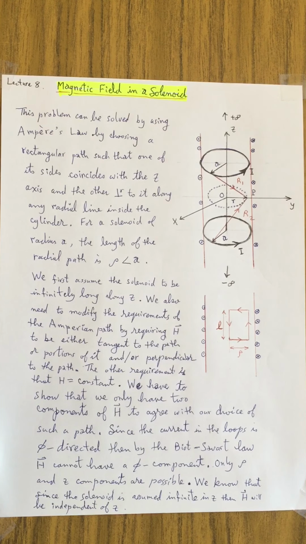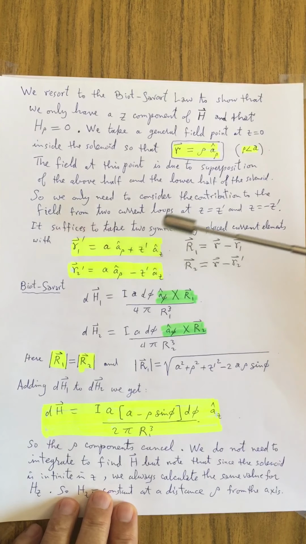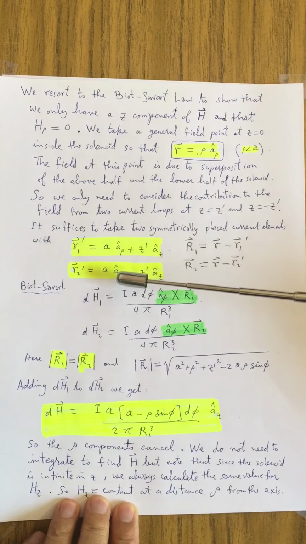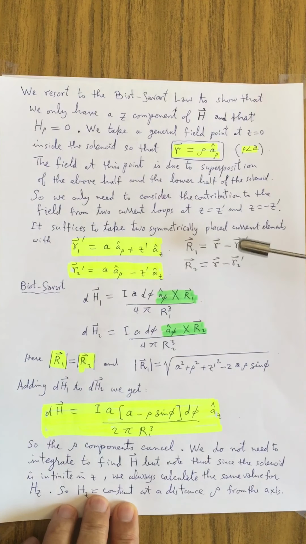And it suffices to take two symmetrically placed current elements with r1 prime equal to a aρ plus z prime az, and r2 prime equal to a aρ minus z prime az, and the distance to the field point from the first element is r minus r1 prime, and from the second one is r minus r2 prime.